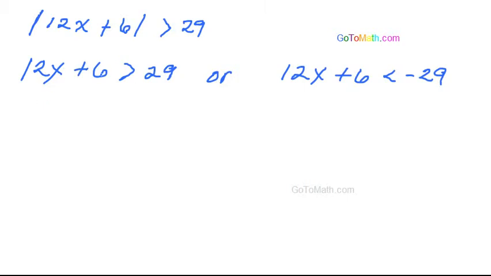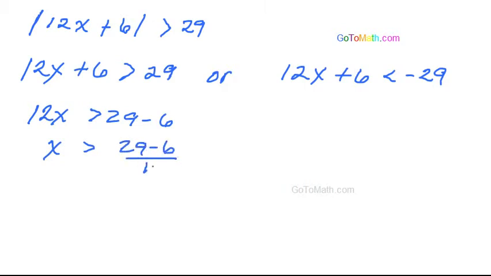Alright, so let's go ahead and solve for x over here. We end up with 12x is greater than 29 minus 6, and then of course multiplying both sides by 1 over 12. I should go ahead and simplify that.